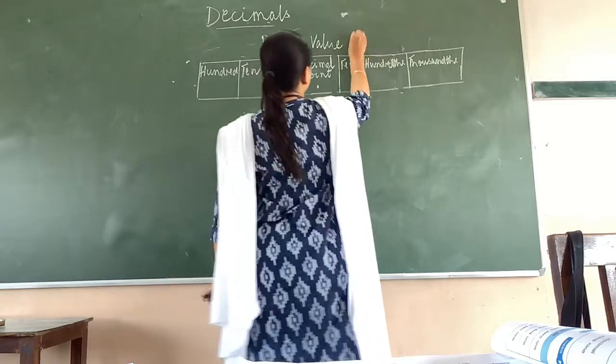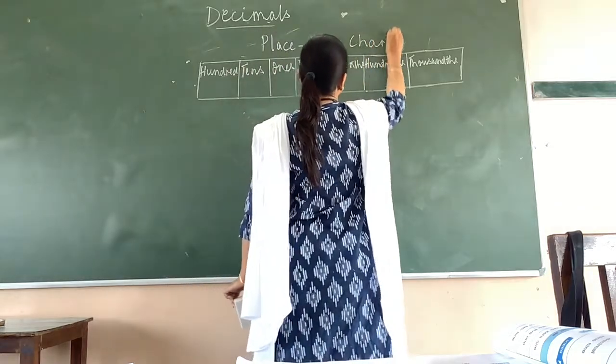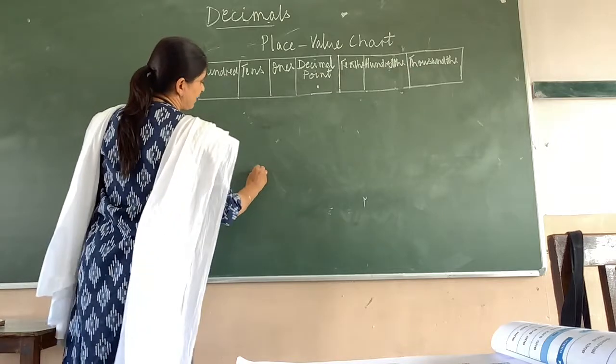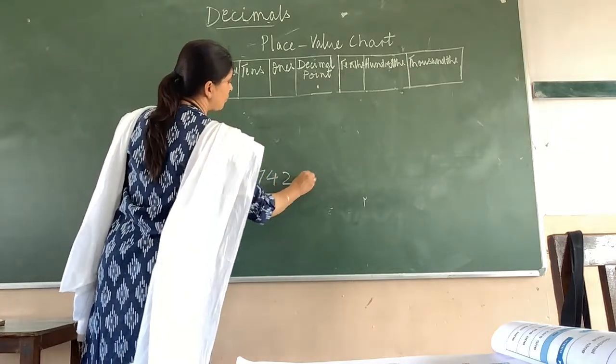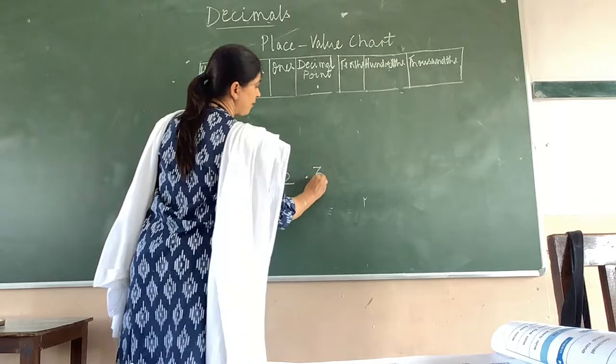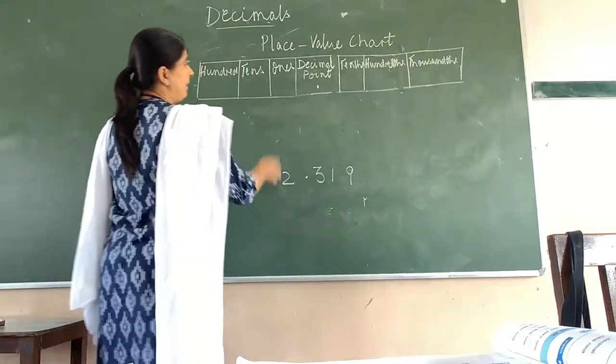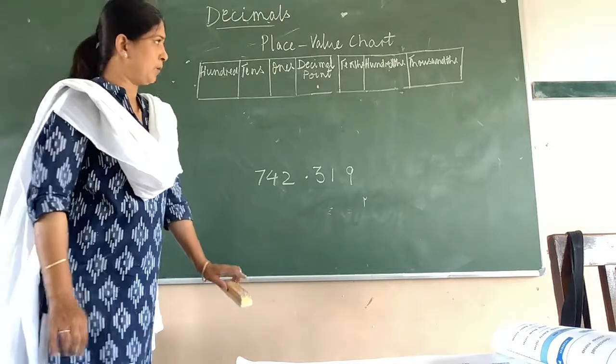I will take a number and explain you this place value chart. Now see, suppose the number is 742.319. Okay, now we will put this number under the place value chart.